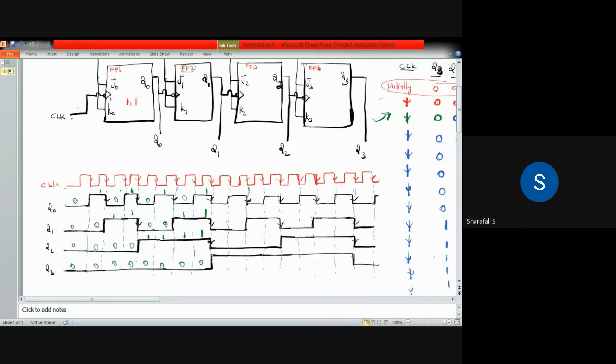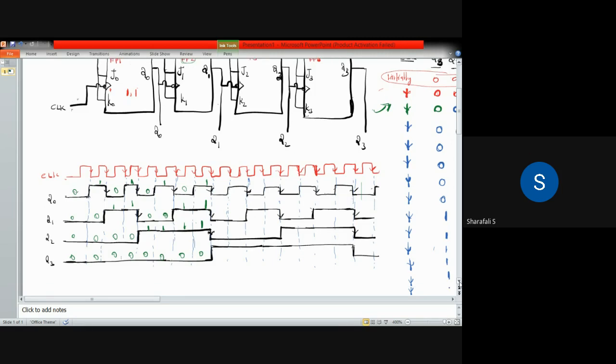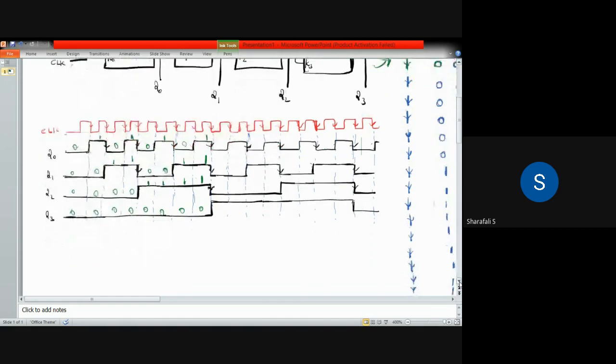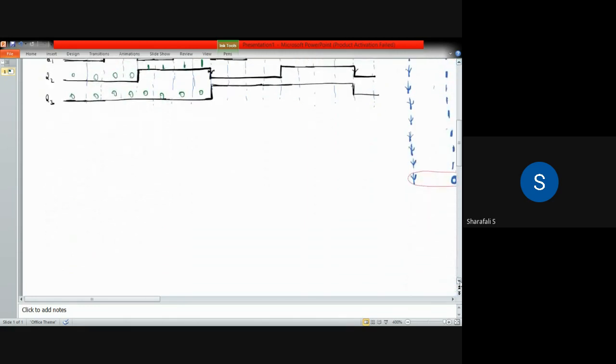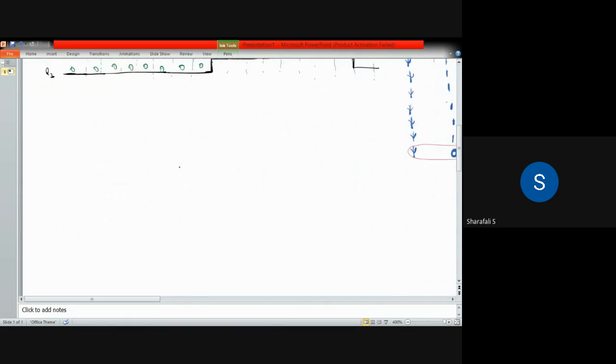That is also possible, and that particular process is called cascading. Cascading means you arrange these counters one after another, and the output of one counter will be given as the input of the next. I will show that here.